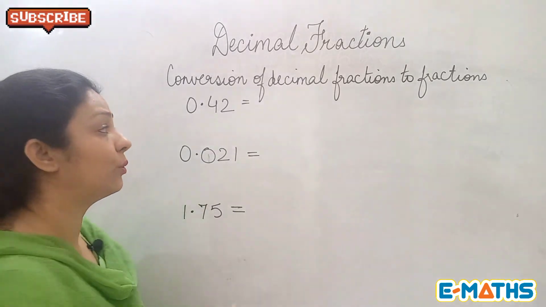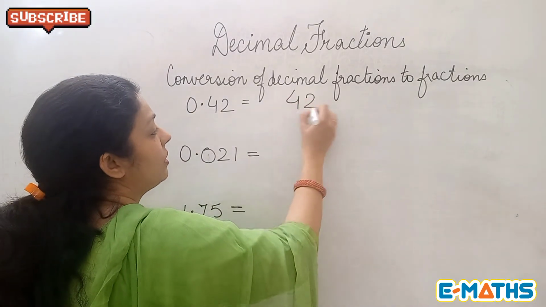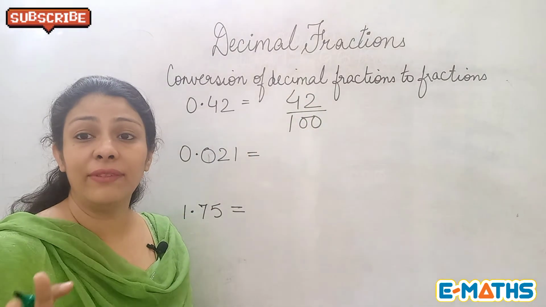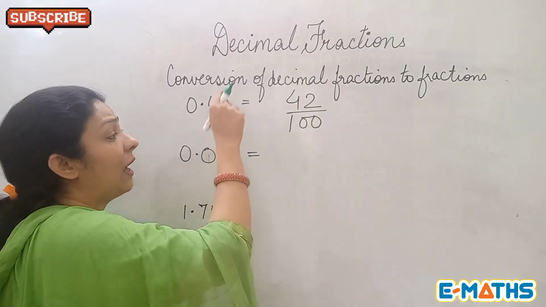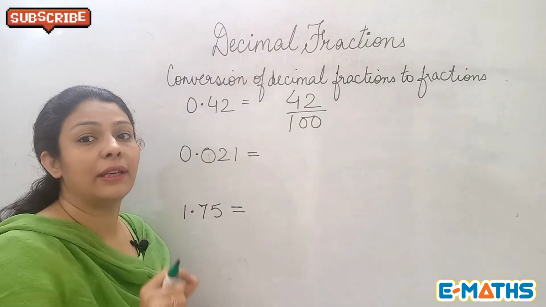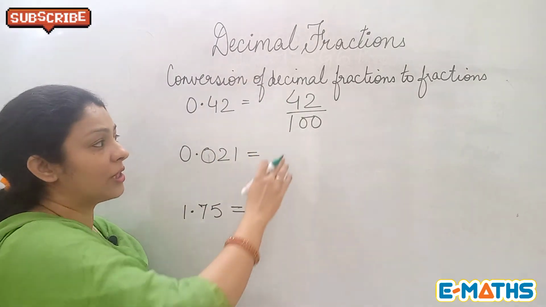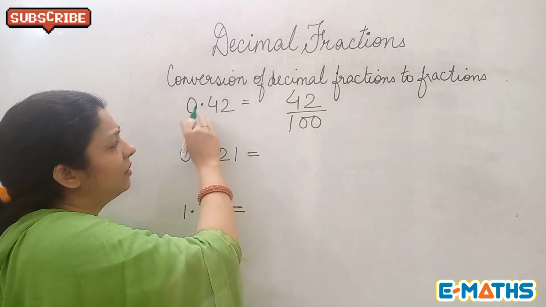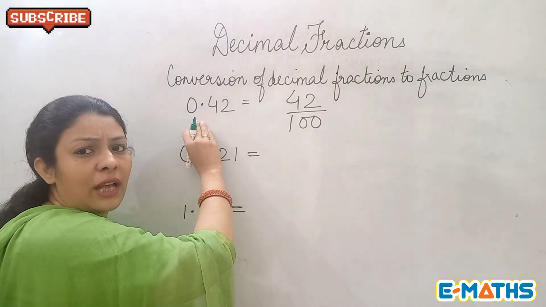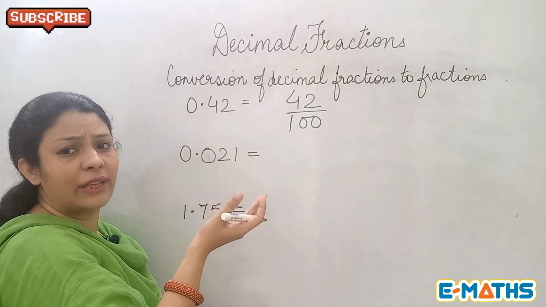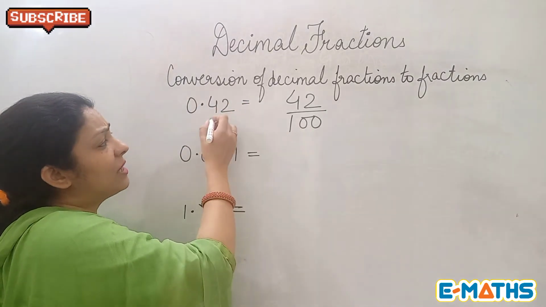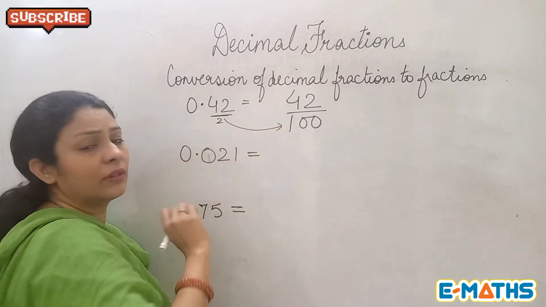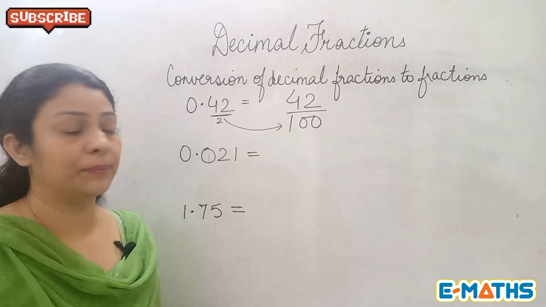That means we are going to have 2 zeros in the denominator. Now again, one thing to remember, the numerator has to be written as it is. You are just going to make a fraction here. You can ignore this 0 because it doesn't have any value as it is before the decimal point. So just count the decimal places. It has 2 decimal places, so this is going to have 2 zeros in the denominator.